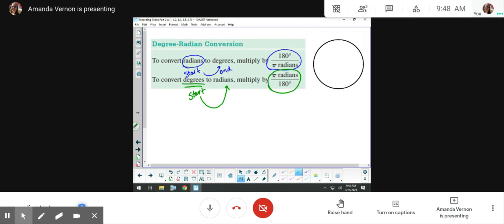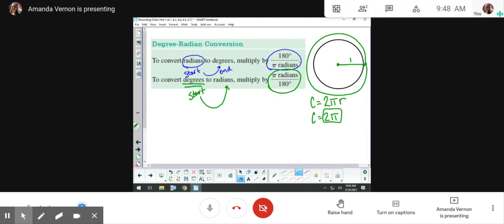Now, I thought I'd explain this a little bit more with our circles. So oftentimes we're going to use a radius of 1. We call it a unit circle. And so therefore, if I found the circumference of this unit circle using our formula 2 pi r, we would know that the circumference is 2 pi. That means that if I went all the way around the circle, I would have traveled, remember, radians is the mover's perspective, I would have traveled 2 pi radians.